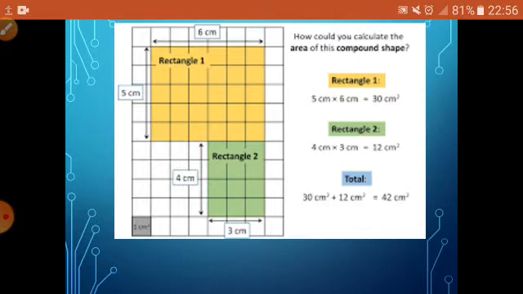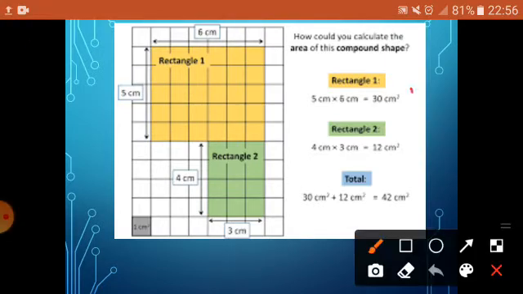So what is the area of rectangle 1? As we have learned, the area of a rectangle is equal to length into breadth. What is the length of rectangle 1? That is 6 centimeter, and the breadth of rectangle 1 is 5 centimeter. So the area is going to be 30 square centimeter. 6 times 5, 30 square centimeter.